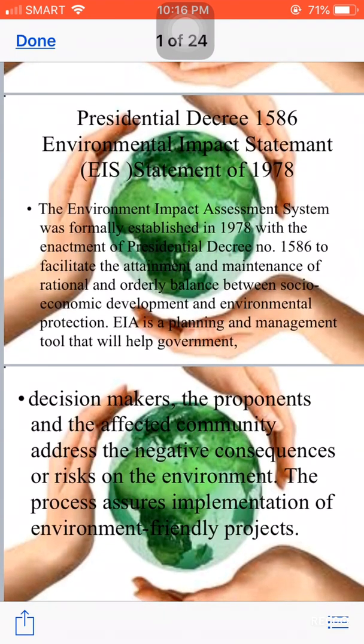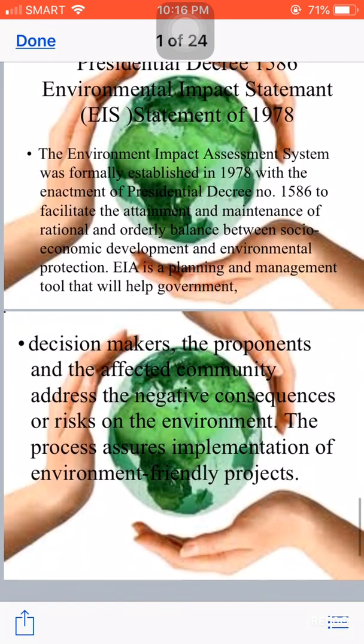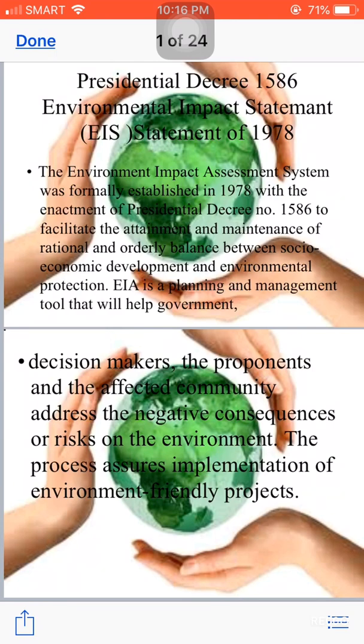Presidential Decree 1586, Environmental Impact Statement System of 1978. The Environmental Impact Assessment System was formally established in 1978 with the enactment of Presidential Decree number 1586 to facilitate the attainment and maintenance of a rational and orderly balance between socio-economic development and environmental protection.